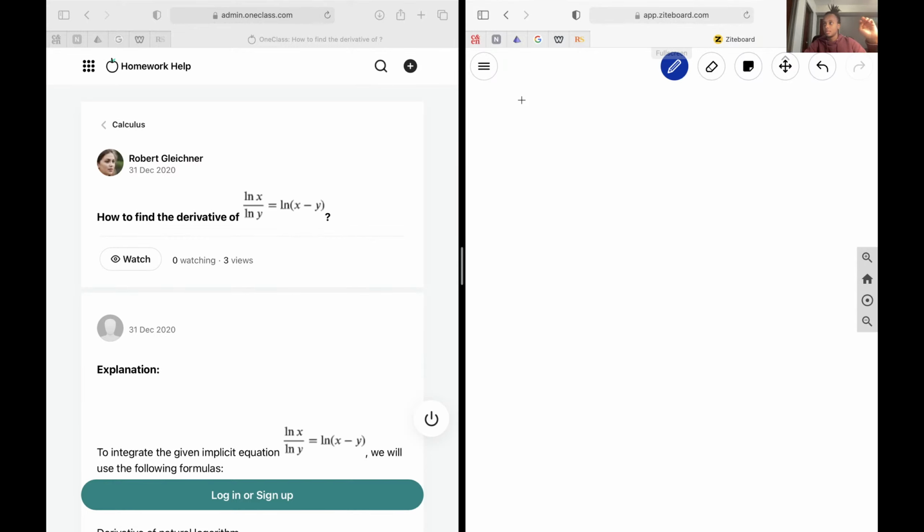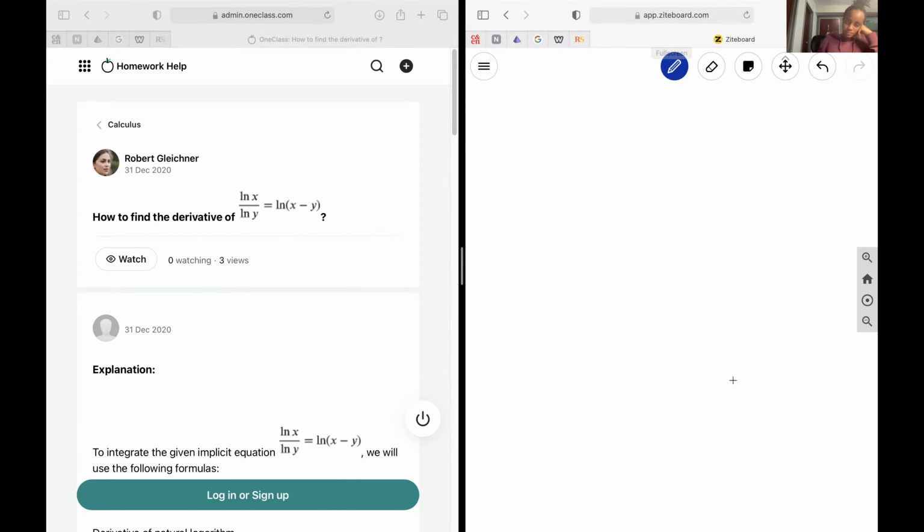Okay, next up, I'm looking for the derivative of ln x over ln y. So, you could do this in two ways. And that's just by noting that ln x over ln y is equal to ln x minus y.